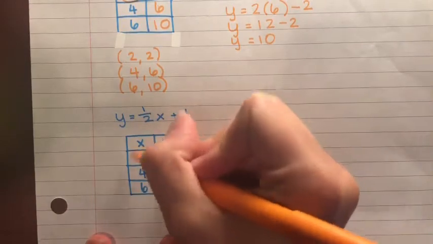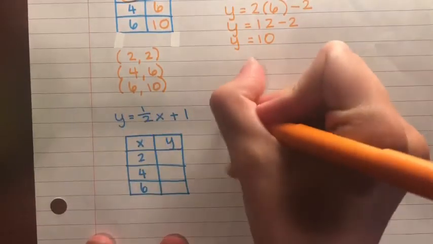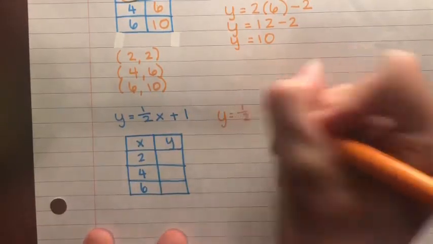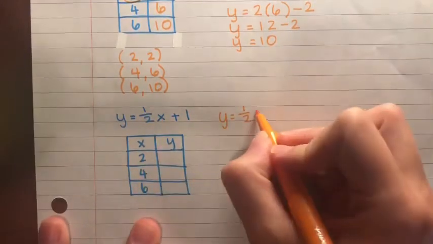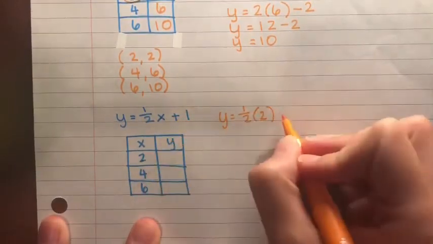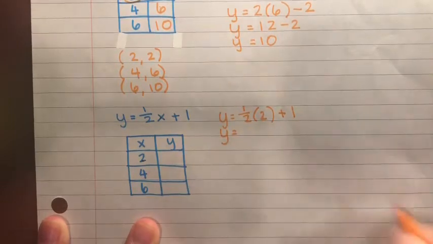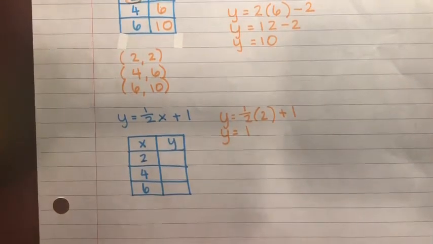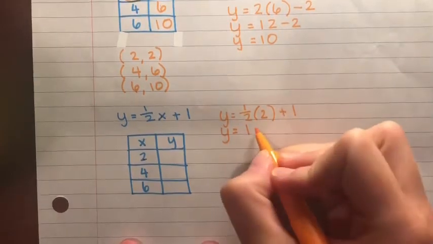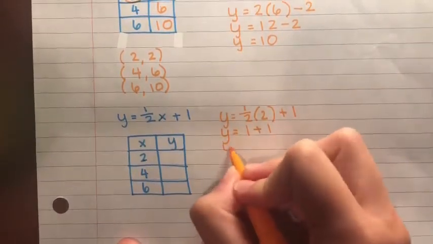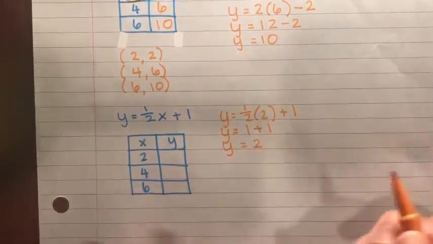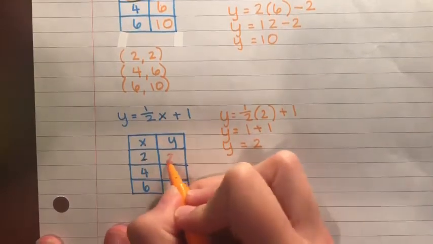Okay, so when x equals 2, we want to plug this in. So y equals 1/2 times x, which is 2, plus 1. 1/2 times 2 is 1. y equals 1 plus 1. y equals 2. So when x equals 2, y equals 2.